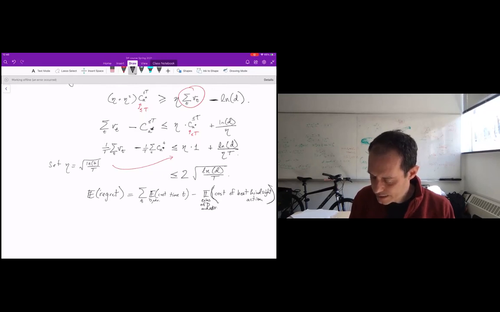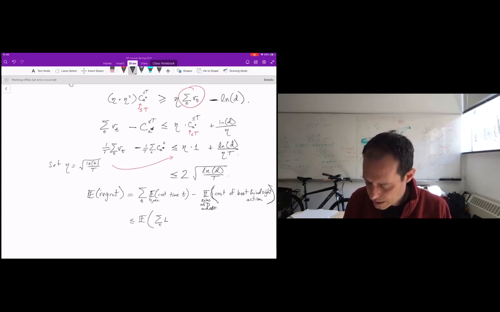And so this is at most the expectation of the sum over t of the VTs. The VTs are actually random quantities that depend on the execution, but they are themselves expectations of cost conditioned on the choices that were made at previous times.